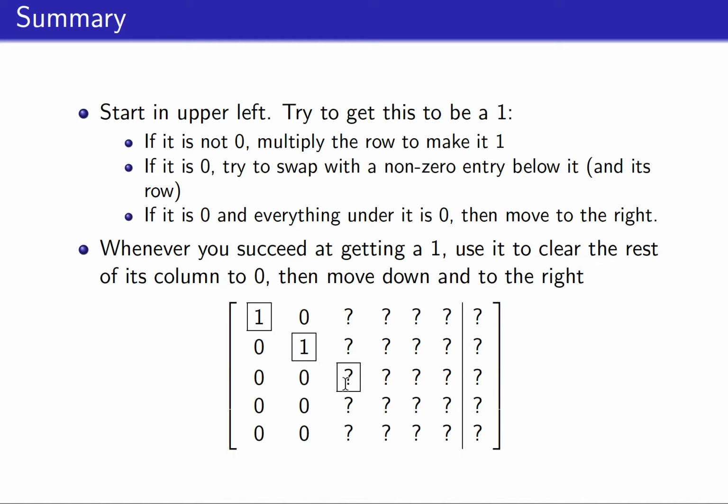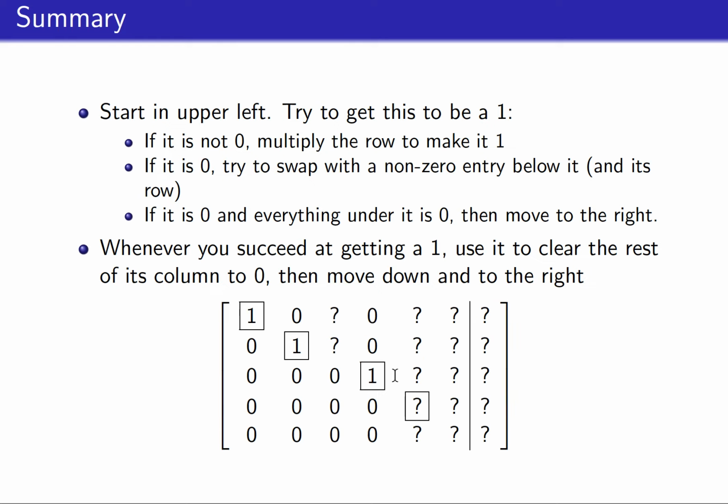Okay, move it down into the right here to make this one a 1. Let's say this is a 0 and everything under it is 0. In this case, move to the right. Okay. So I'm not going to try to make this one a 1. I can't. I'm going to try to make this one a 1. Okay. And maybe I succeed, maybe you don't. Let's say I succeed, right?